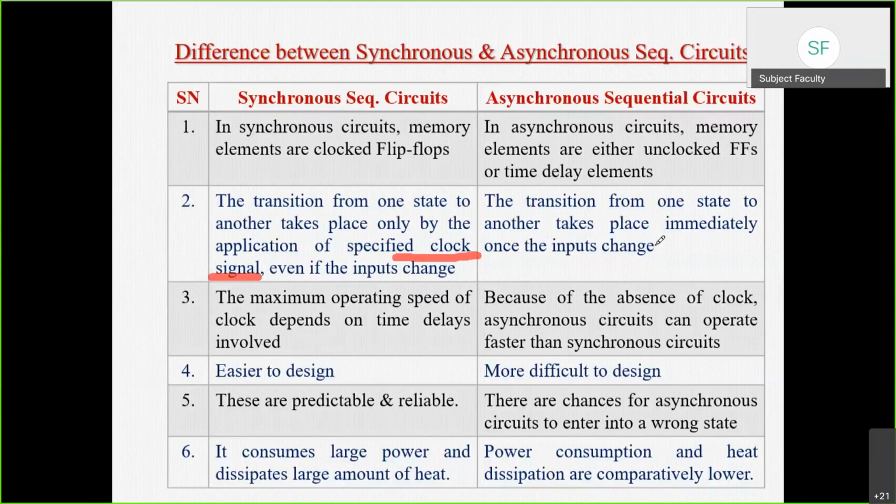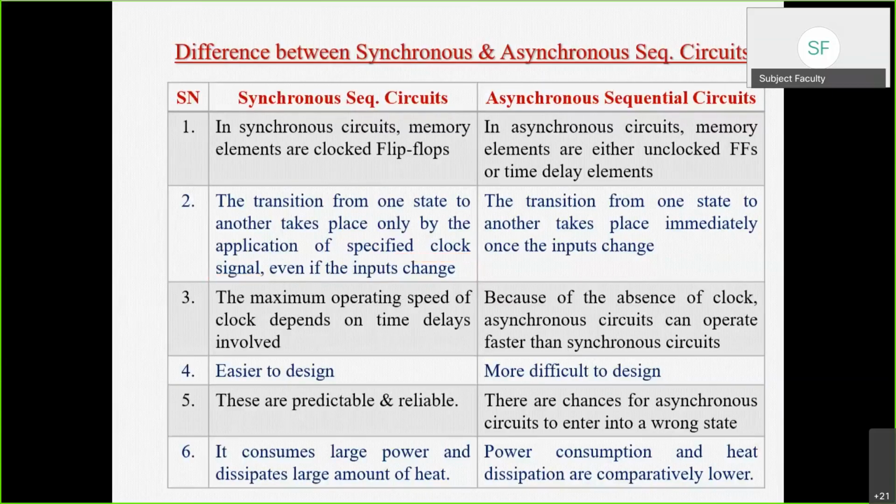But in asynchronous sequential circuits, the transition from one state to another takes place immediately. It will not wait for the clock signal. Transition takes place as soon as your inputs change. But in synchronous, even if your inputs are changing, you have to wait for the clock signal, because all the activities are in a synchronous state. So this is again an important difference.